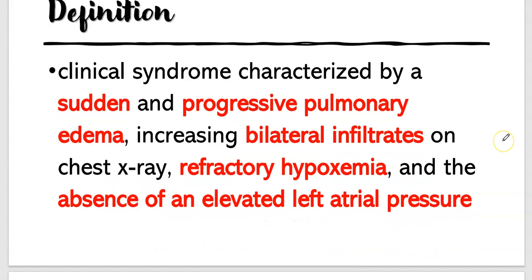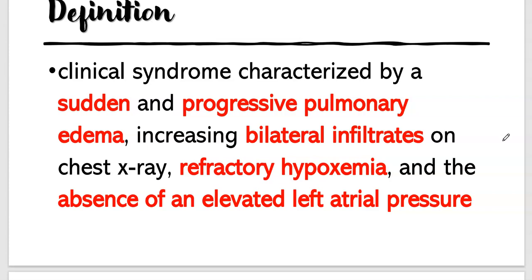It's a clinical syndrome characterized by a sudden, so that's very, very fast, and progressive pulmonary edema. Imagine mo that the whole of your lungs, both left and right, has pulmonary edema. And I'm talking about progressive pulmonary edema.